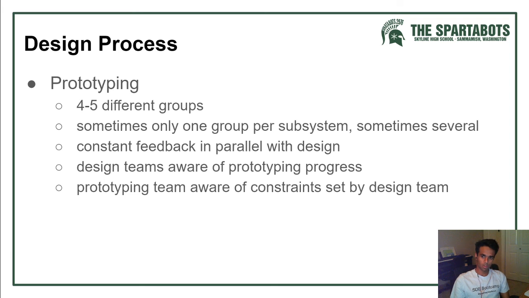Like say there's an intake. Intakes have been done hundreds of times before, so you probably only need one group working on that. But with different types of shooters, testing out if a double flywheel or a single flywheel works better for that specific game, that's where you would have multiple teams working on one design.